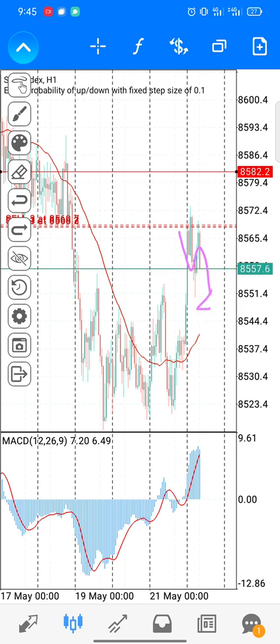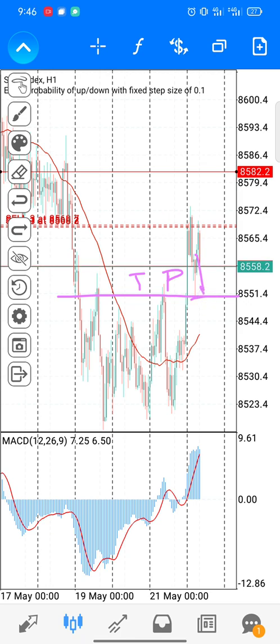The first take profit level for this trade is right here at this previous resistance level that is now support. So this first support level is the first TP for this trade. Then if it breaks through this, nothing is going to stop it from getting to this previous low.